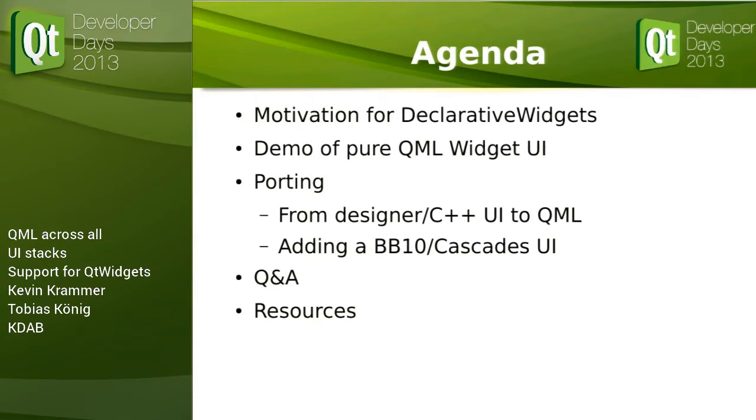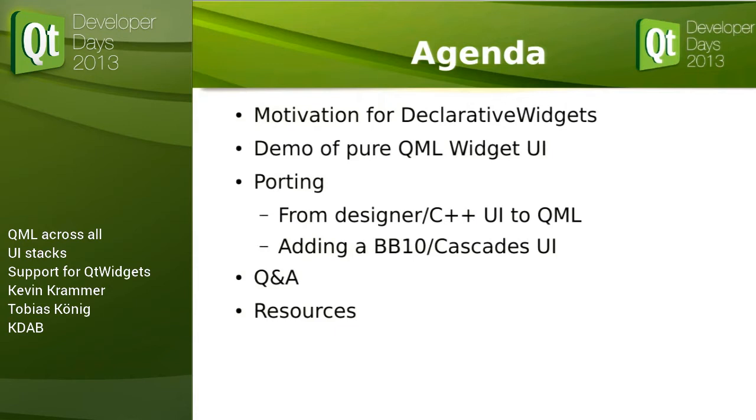So what we're going to do is, first we are going to look into the motivation that we had for creating what we call declarative widgets. Then we demo what we can do with declarative widgets. And then we will look at this porting thing. We have a standard, UI file designer-based widget application, which we will transform into an application using declarative widgets, and I will do that.